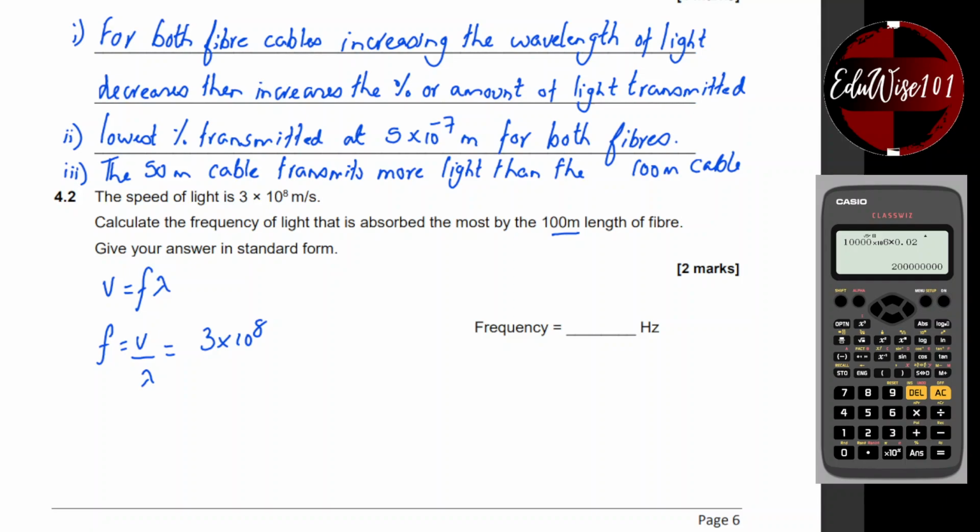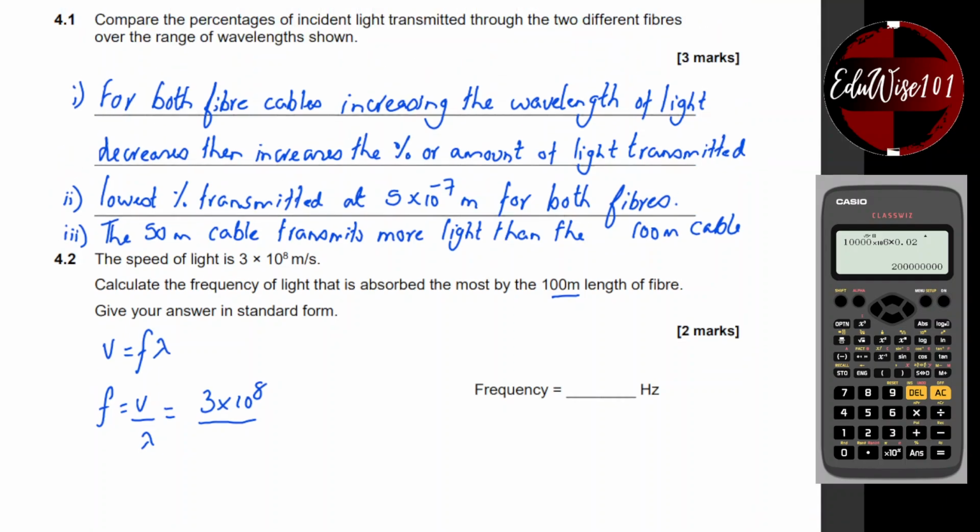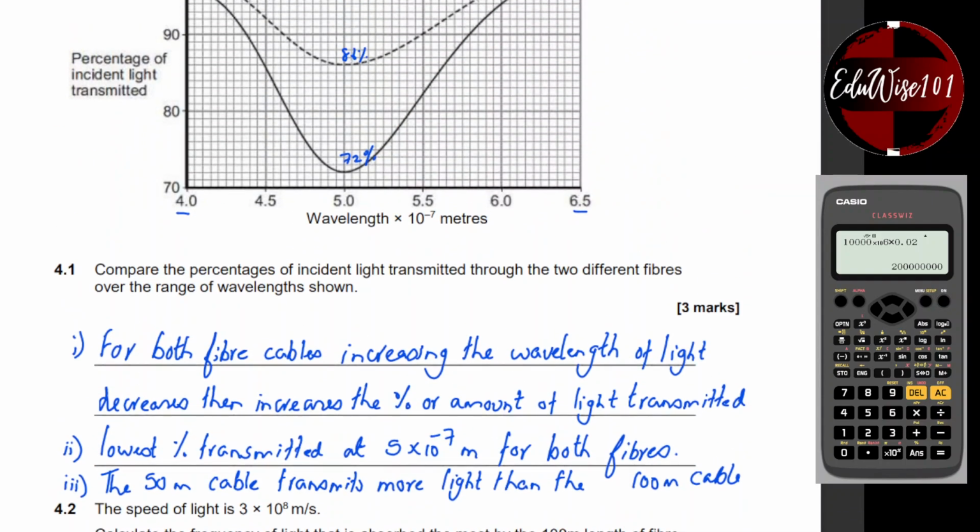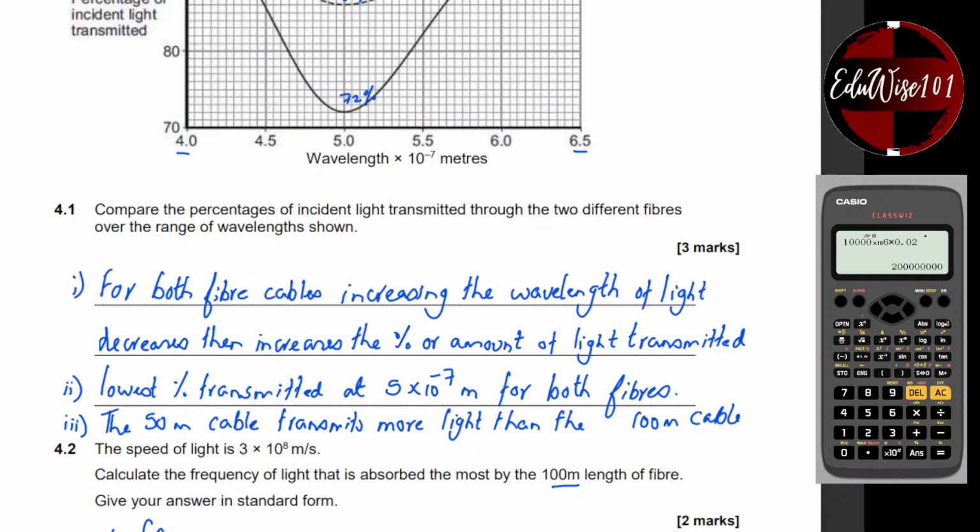And what would be the wavelength? So why is it absorbing the most? According to the question, calculate the frequency that is absorbed the most. It will be absorbed the most where it's transmitted the least. So the percentage of incident light transmitted the least is at this wavelength of 5 times 10 to the power minus 7 meters.